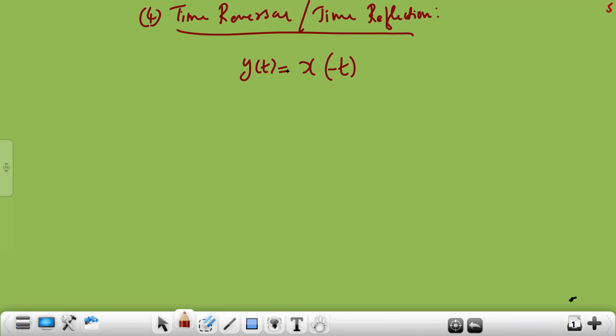After time reversal or time reflection, x of t is denoted by x of minus t. That is your output signal, y of t equal to x of minus t. Now I will draw a signal for you. You need to draw the time reversal or reflected signal.